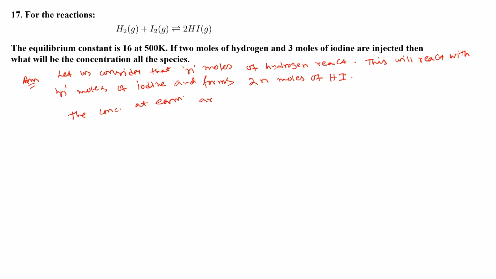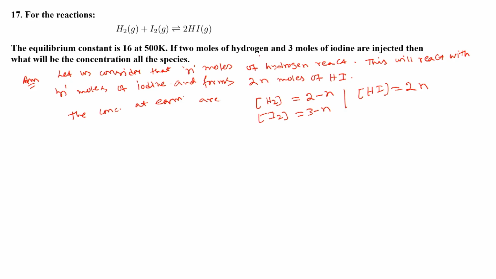are concentration of H2 is 2 minus n, concentration of I2 is 3 minus n, and concentration of HI is 2n. Okay, fine.